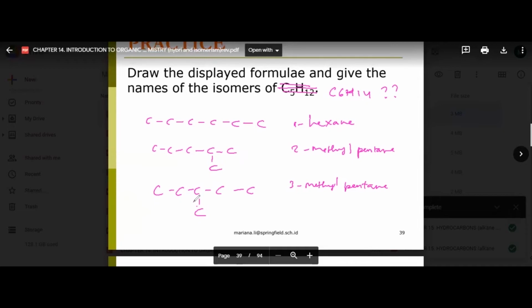So every time you make an isomer, please give a name. So you can see that you do not make mistakes by repeating the same structure. Okay, this is not done yet. You can continue until you cannot find another isomer.